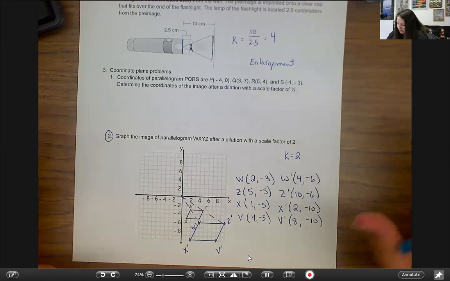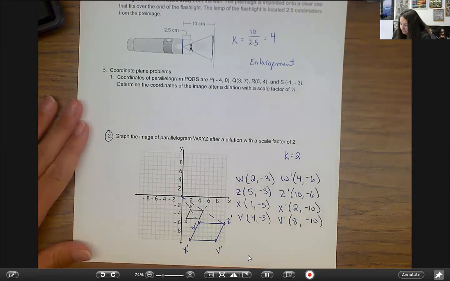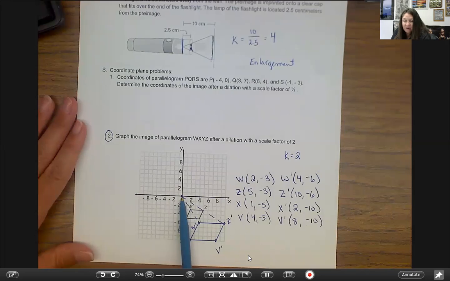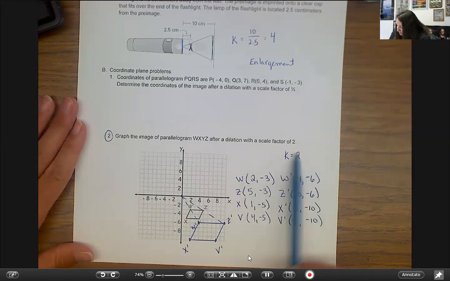But if you compare that to its original part, as long as your center of dilation is the origin on your graph, you can use your coordinates and just multiply them by your scale factor. Distribute that scale factor to each coordinate to find the coordinates of your image when you're graphing that out.